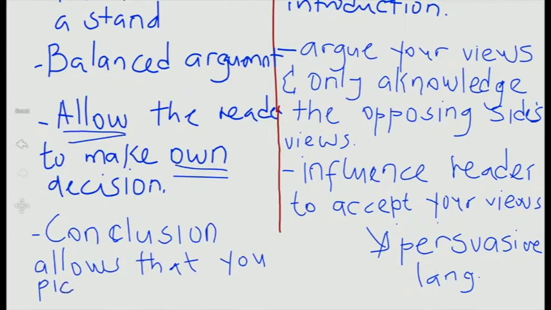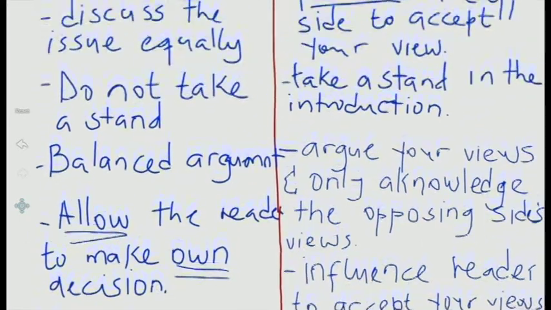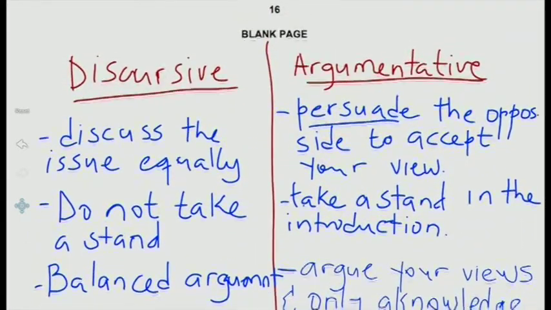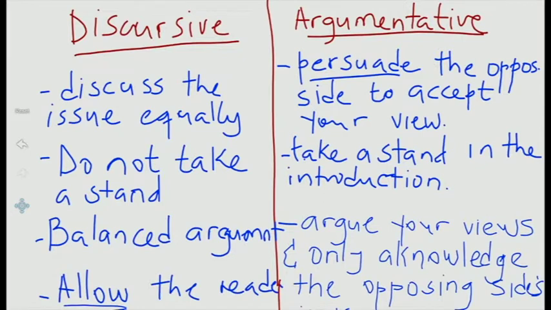I'd say in this case, you pick a side instead of taking one, because you've already argued the for and against. So it allows you to pick a side. So these are the main differences between an argumentative and a discursive composition or essay.